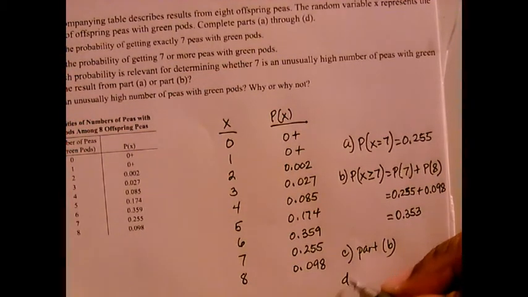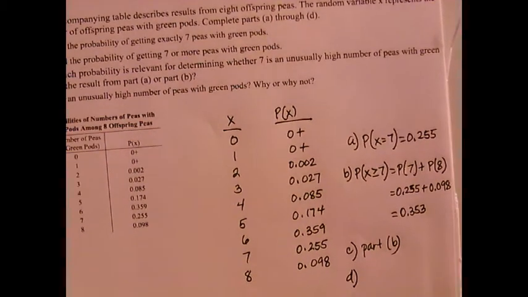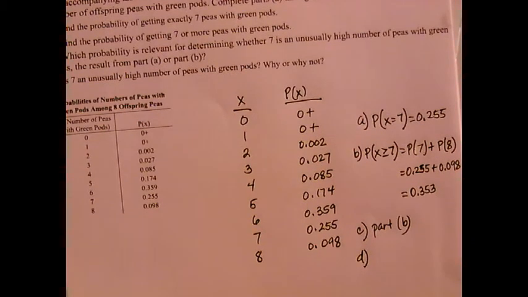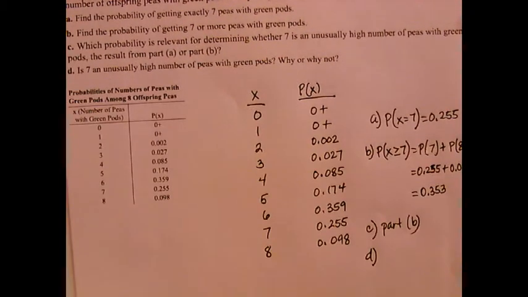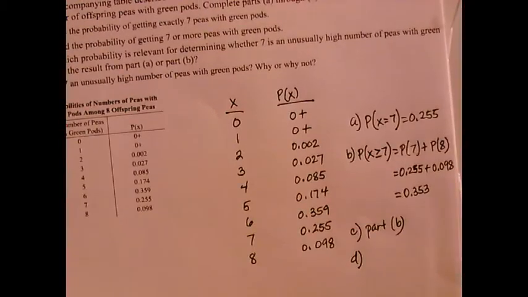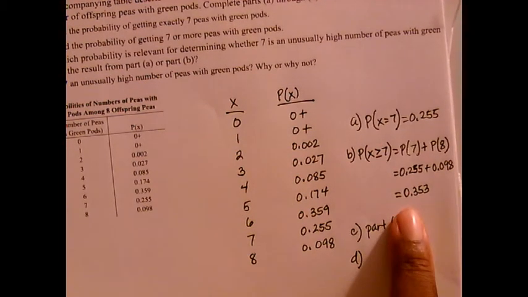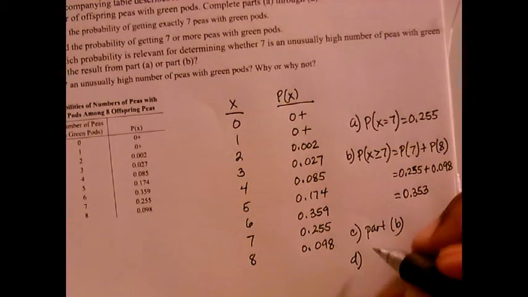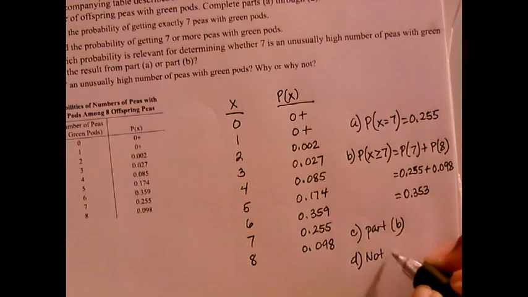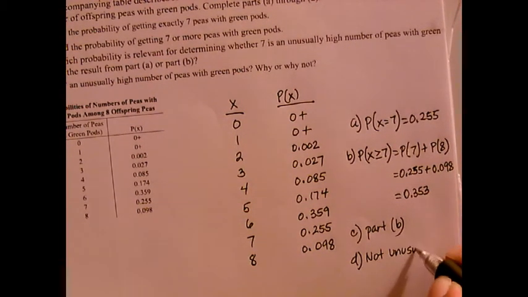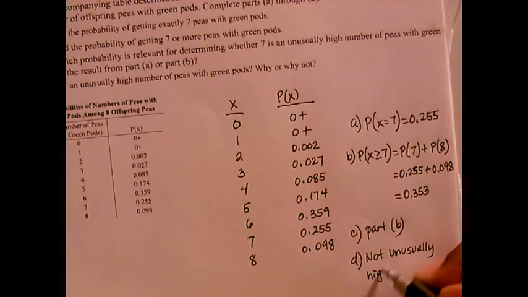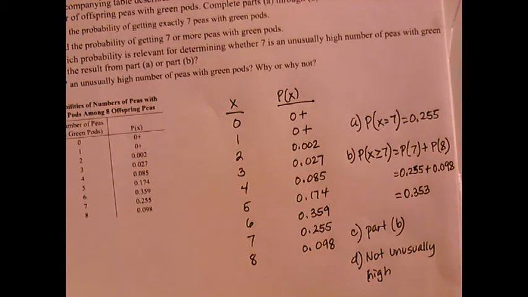Now part D is this: is 7 an unusually high number of peas with green pods? Why or why not? Well, 0.353 is bigger than 0.05, so it is not unusually high. The 7 is not an unusually high number because 0.353 is bigger than 0.05.